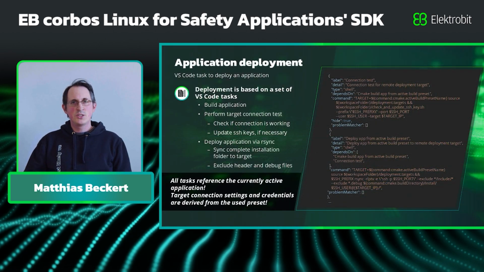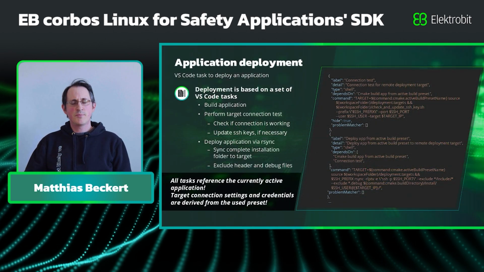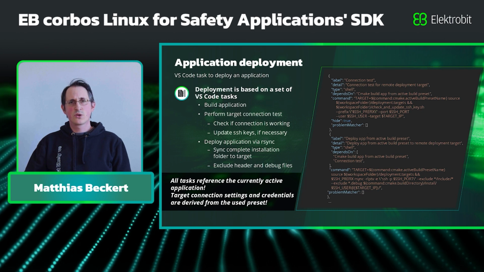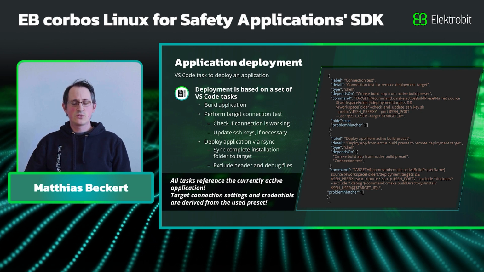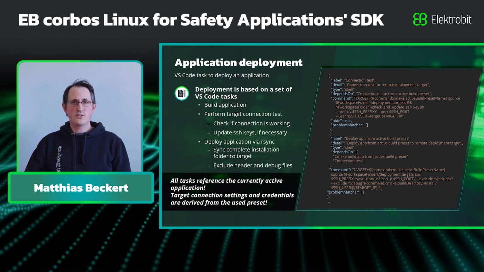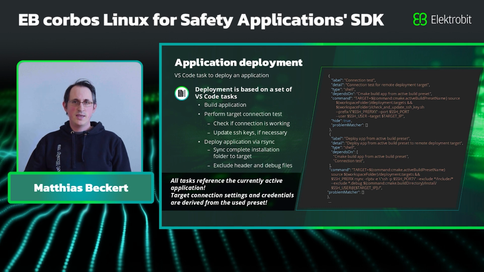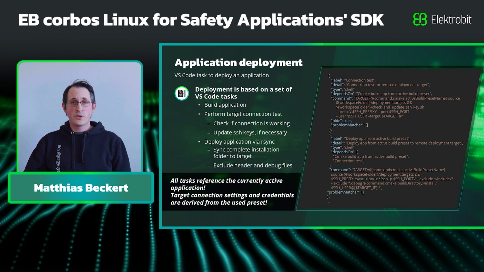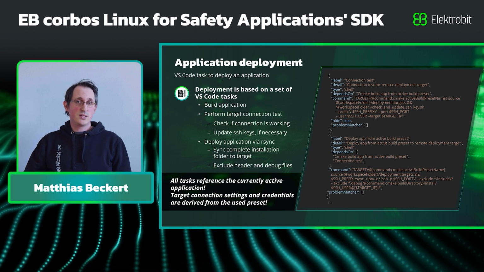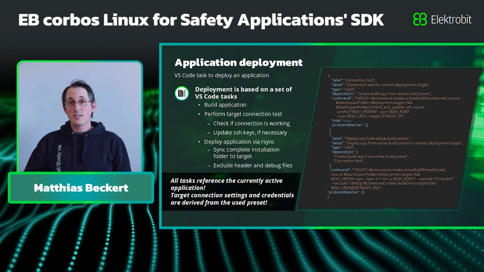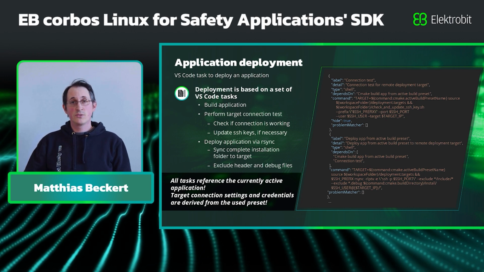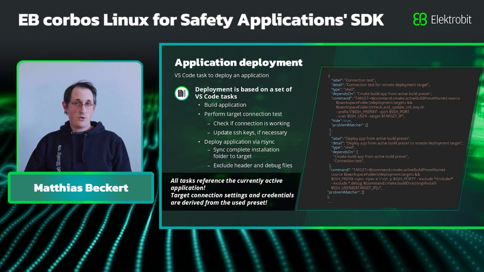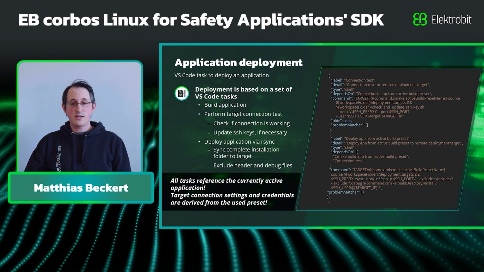The application deployment, or in general the application development in our VS Code-based environment, is constructed around a set of CMake tasks. The CMake tasks will build the application, perform a connection test before we can deploy, like checking is the target available where we would like to deploy to, and if our SSH keys are still valid.